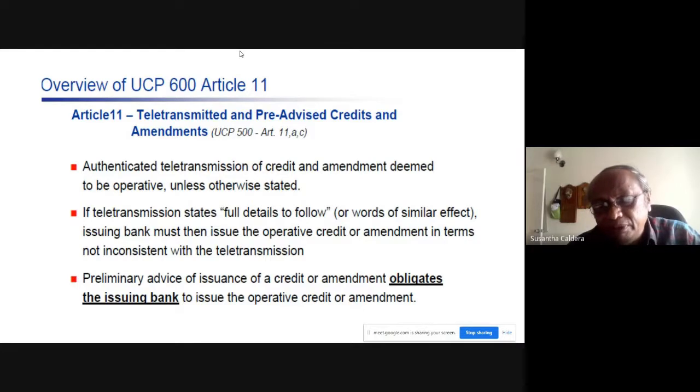Those days when we were having telex LCs, not Swift, telex LCs, we used to send, if the last date of issuance is today, as per the contract, the customer comes to us at the last moment. Bank is closing at 3 o'clock.